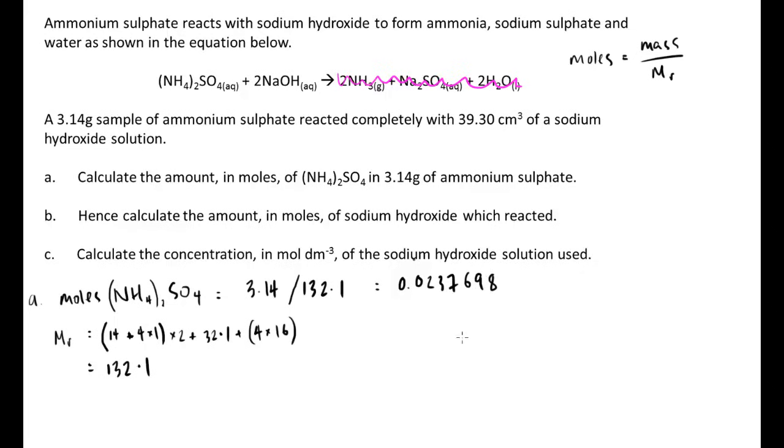That will give us an answer of 0.0237698. Now, for this one, a little bit different to the last one. I said don't round in the middle of your calculations. However, what you're dealing with here is 3 distinct questions, not just one question. So calculate the amount of moles in, and so on. Because this is a distinct question which will carry a mark, I would now round this to 0.0238.